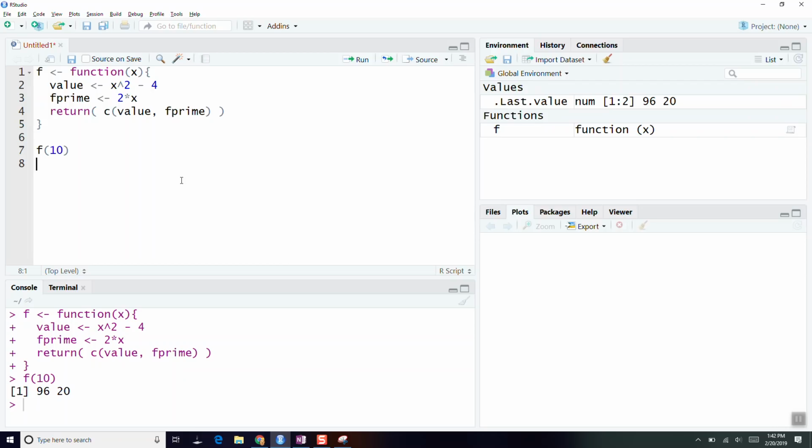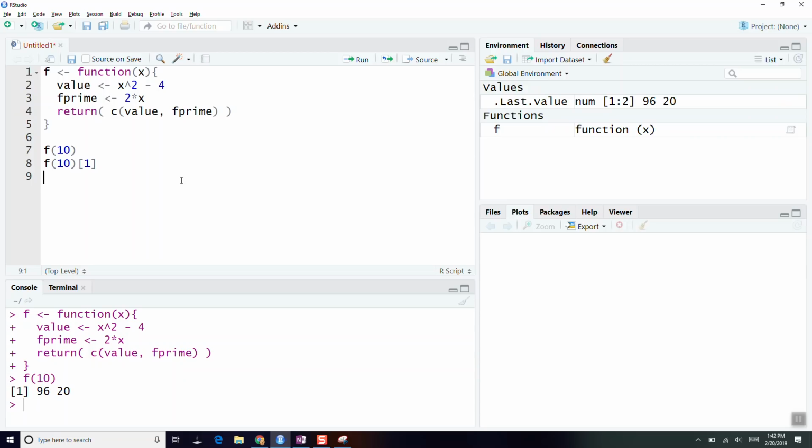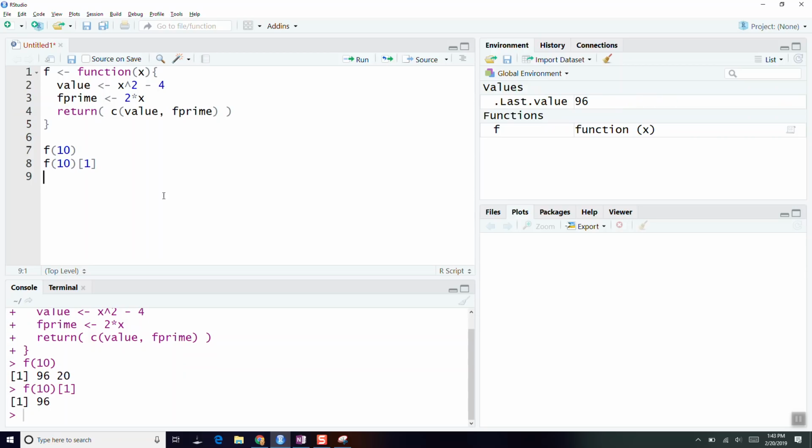96 and 20, okay? So at that point in the parabola, the value is 96. 10 squared minus 4 is 96. And the derivative there, there's a slope of 20, okay? And I can access these by doing f of x, and I can say give me back the first value, and that will just give me back 96, because it's returning a vector, right?